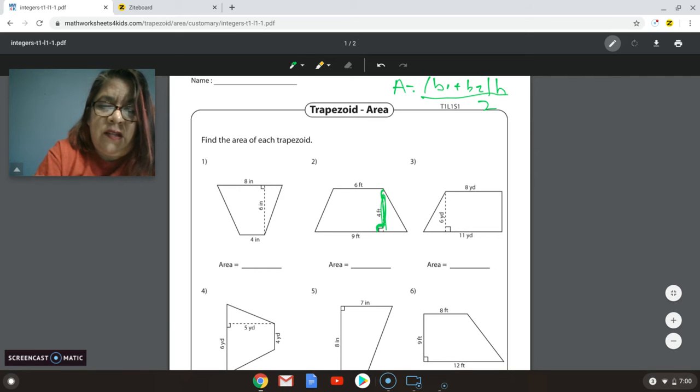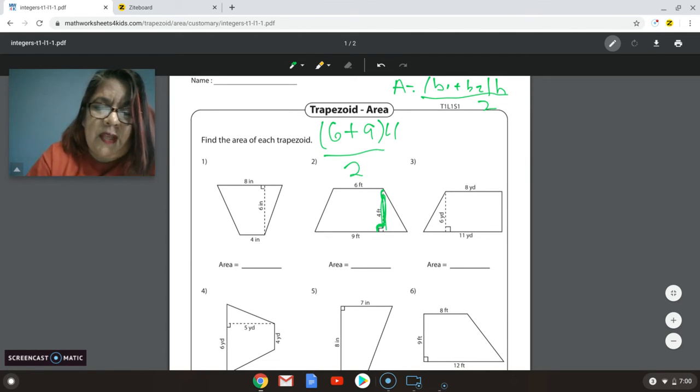We've got base 1 is 6 plus 9, our height is 4, divided by 2. So what is my area for this figure?